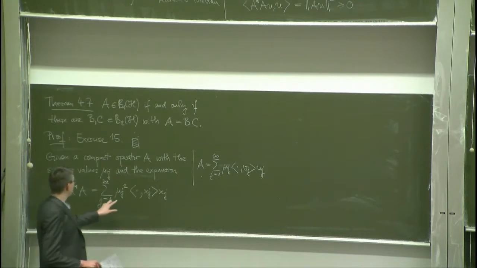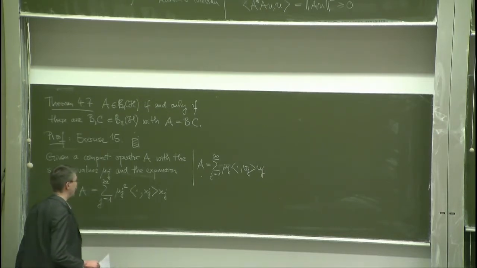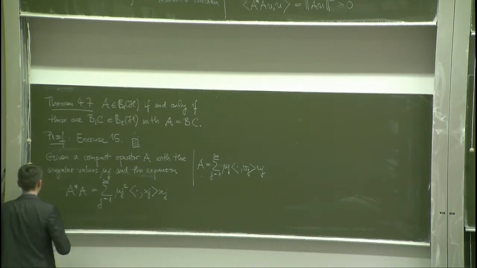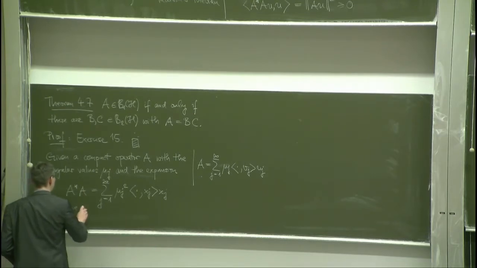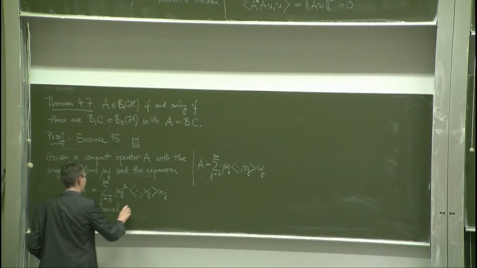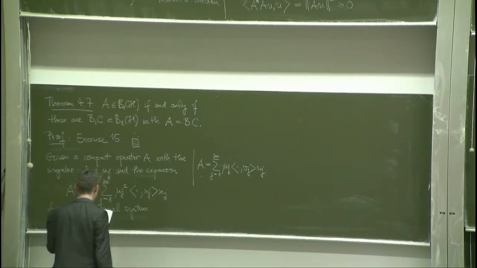Precisely the mu_j to the power of 2 are the eigenvalues of this object. This is important, so you have to take the power of 2 of these values to obtain eigenvalues. This is what I meant, for some orthonormal system x_j.